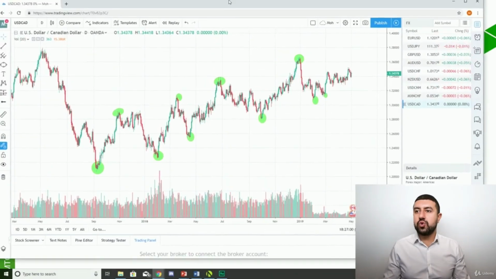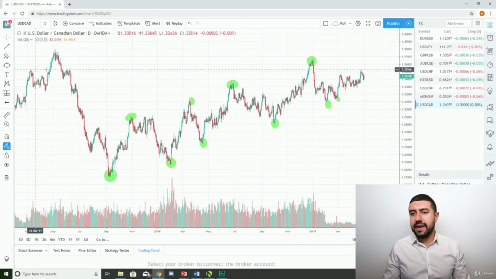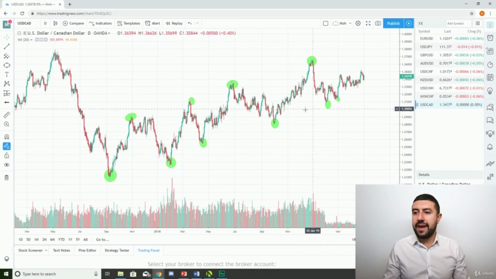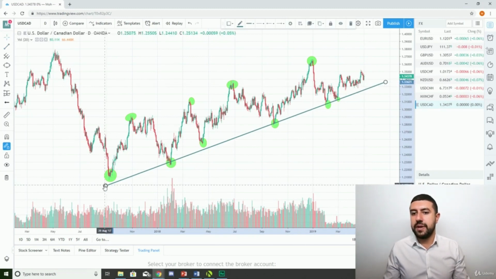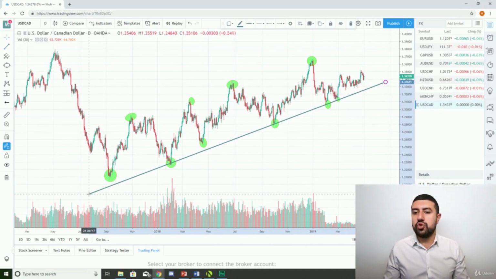So if we go back to our example here, I can look at this chart and see, well, okay, can I connect these lows here? And I can take this trend line tool and just see if I can connect them, right? And it doesn't have to be perfect, it's just an approximation, okay? And some people don't just draw one line.